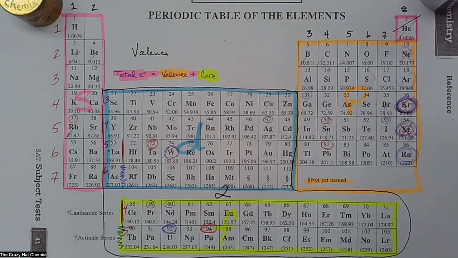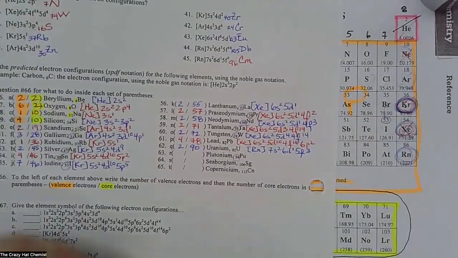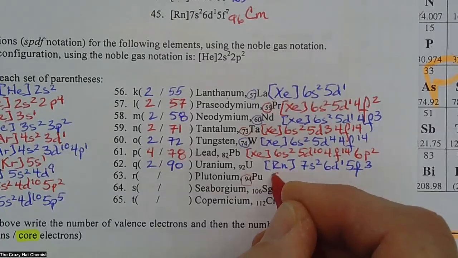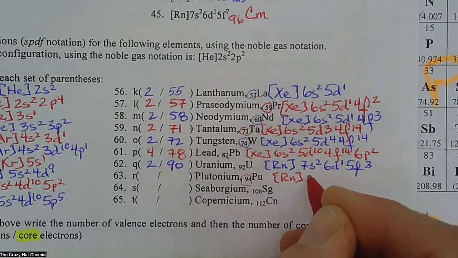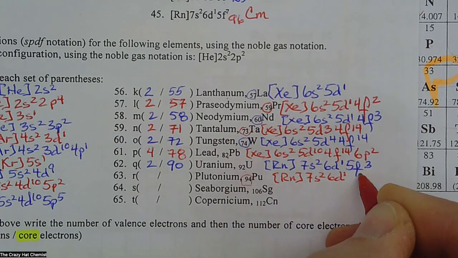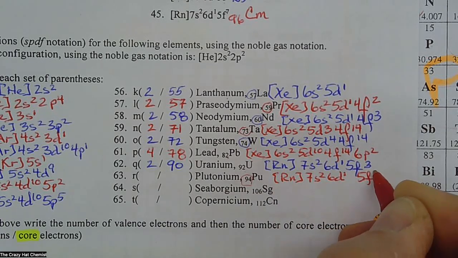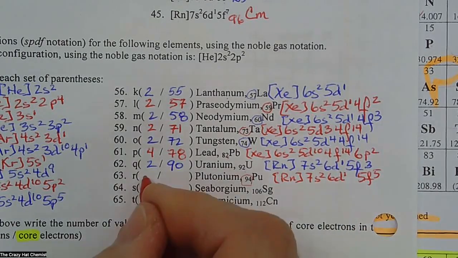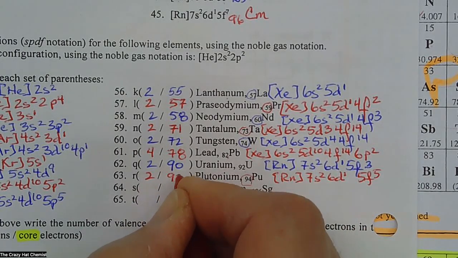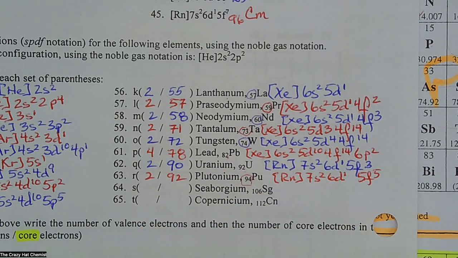So we've got Rn, 7s2, 6d1, and 5f5. There are 2 valence electrons and then 92 core electrons for plutonium.